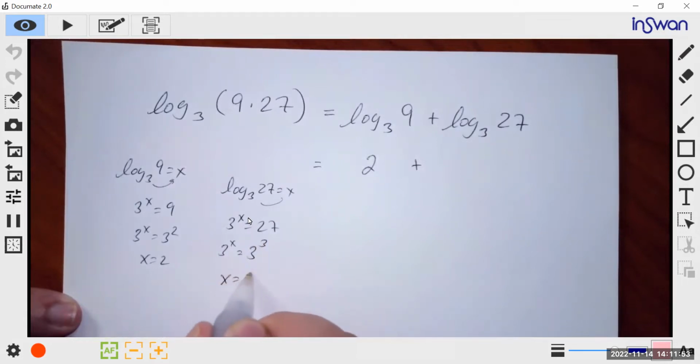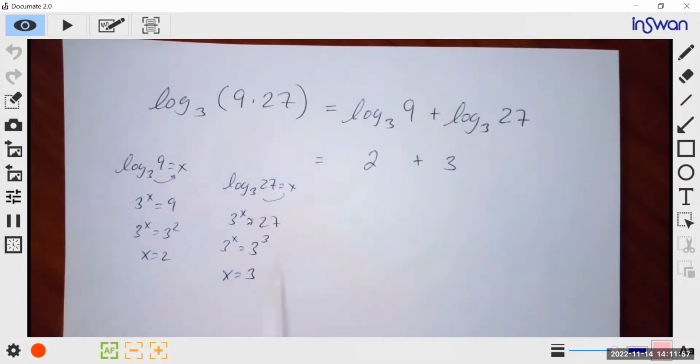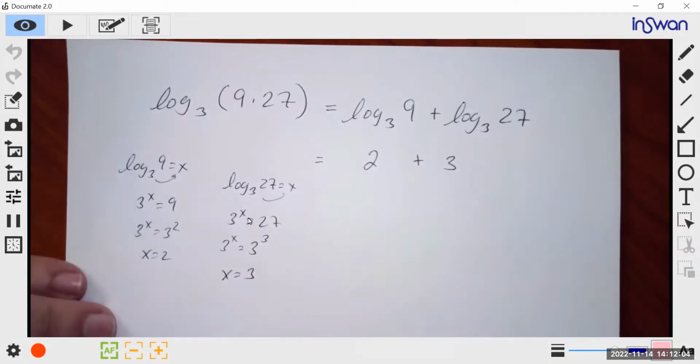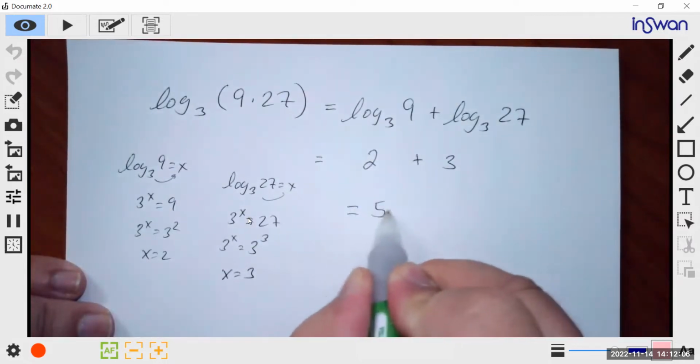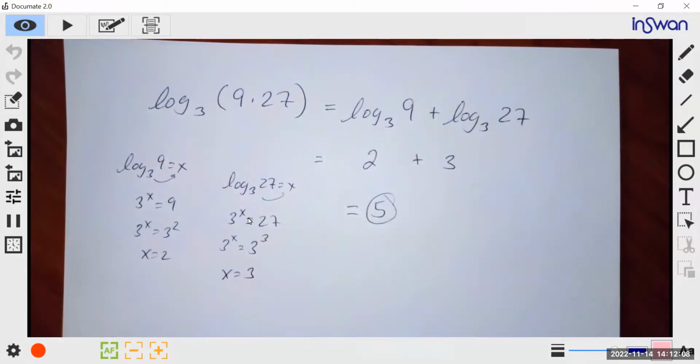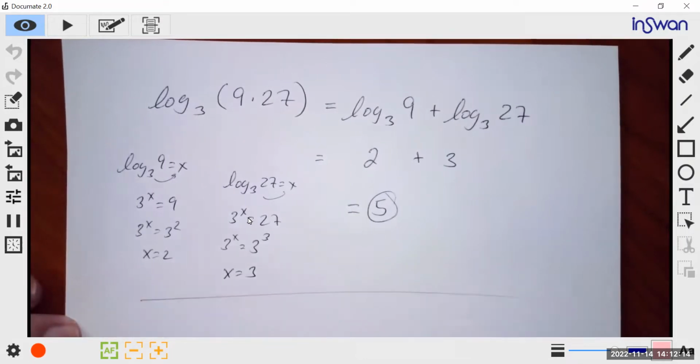So x equals 3. You have to take these numbers and break them down. 27 is made up of 9 times 3. 9 is 3 times 3. So 27 is 3 times 3 times 3. So the answer is 5. This is how we use the mechanics, the tools of it, to solve our answers.